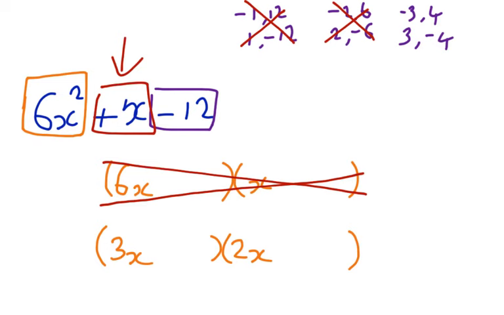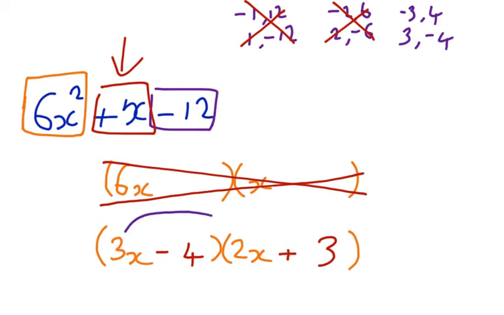So we're going to need to do the 3 times the 3 for 9, and the 2 times the 4 for 8. Now they have a difference of 1. So 3 times 3 and 2 times 4 gives us the difference of 1. We want plus x, so we're going to need to have the 9x to be positive. So the 3 times 3 to give us plus 9x, and the 2 times minus 4 to give us minus 8x.